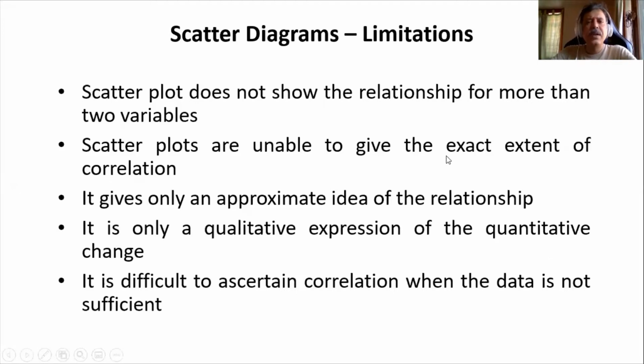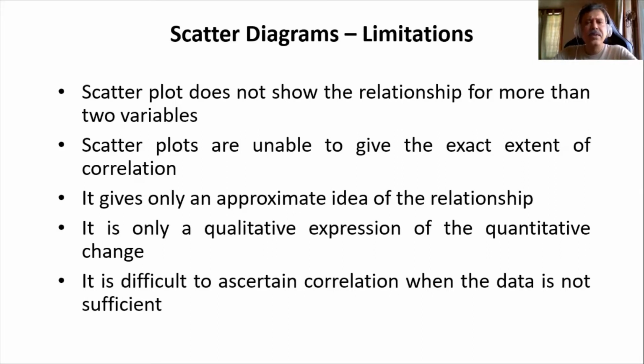Of course, since we are drawing scatter diagrams using x-axis and y-axis, scatter plot is possible only if it is two variables. Not for more than two variables, scatter diagram is not possible. Further, in scatter diagrams, you can't exactly say what is the extent of correlation. Means whether the correlation is positively correlated to the extent of 80% or negatively correlated to the extent of 43%.